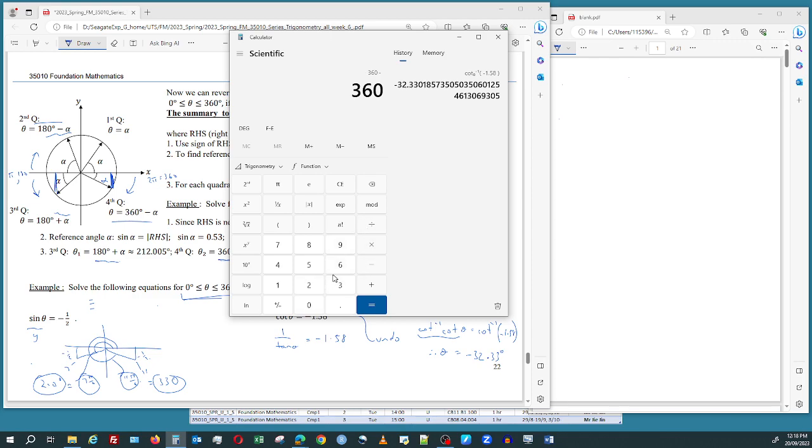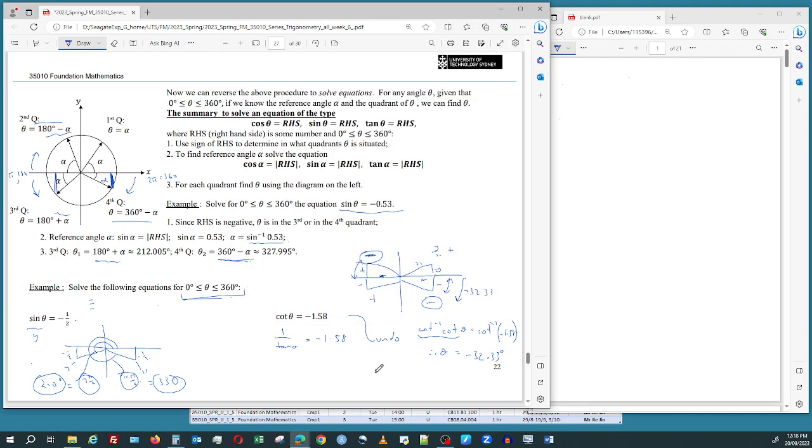That's 327.67, which will approximate to 328 degrees. Now we didn't take the minus of the minus. We took, in effect, the absolute value of that. Okay, so that's one solution.